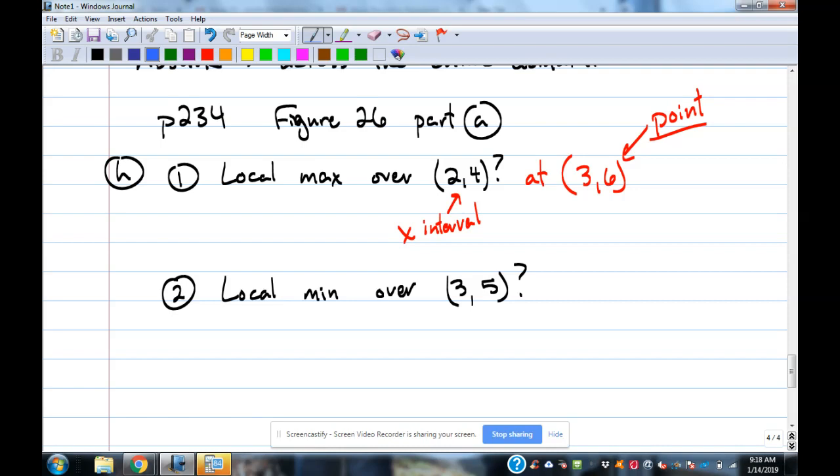I'm looking at starting at 3. I'm going over here to 5. I want to find the lowest point in there because it's a minimum. Where's that at? 4, 4. So it's at the point 4, 4. And it's because not the x value is the lowest, but the y value is the lowest. It's location out of that.